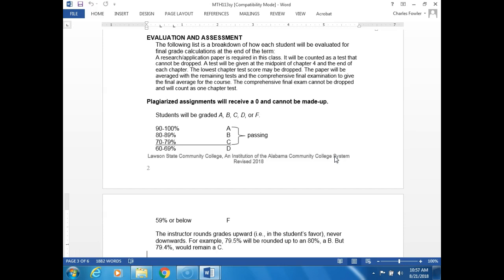For example, a 79.5 will round up to an 80. Of course it would, okay, a B. But a 79.4 would remain a C. Well, isn't that rounding downward? I mean, it's not always rounding upward, you know. If you always rounded up, that would be it. And that's just not how you do it, you know.